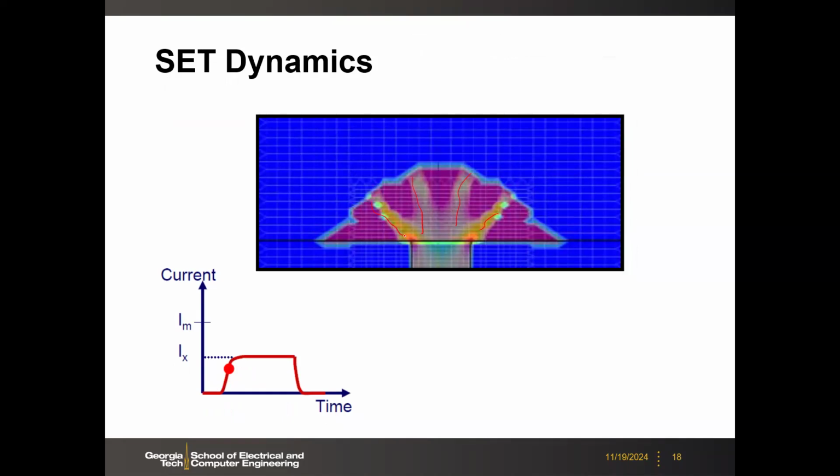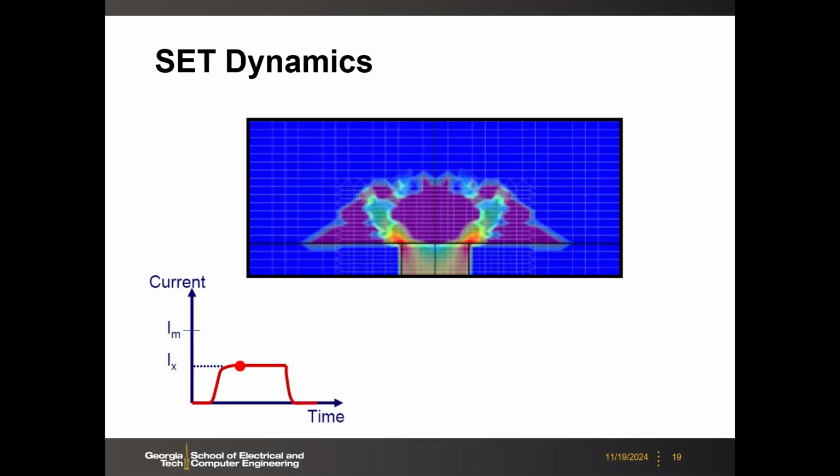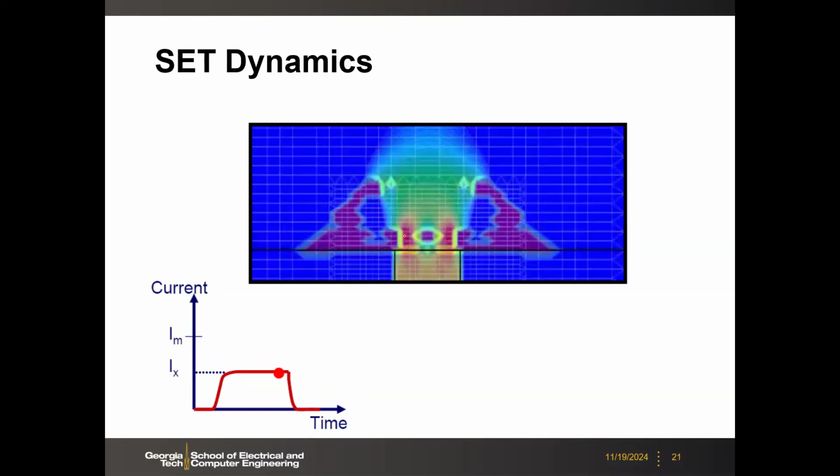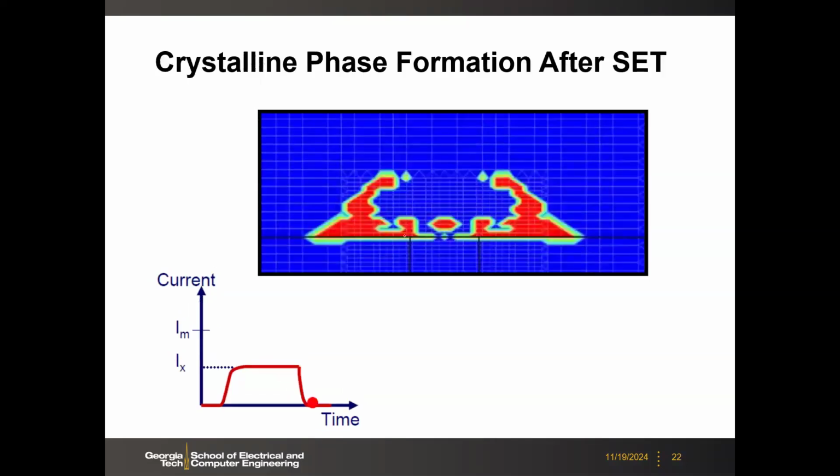That will help the atoms to move around and then go back to the original crystalline phase. But then you have some percolation path, and then it will help recover this region. So after that, you will have at least partially recovered the crystalline phase. Okay. So this is through some atomic simulation.